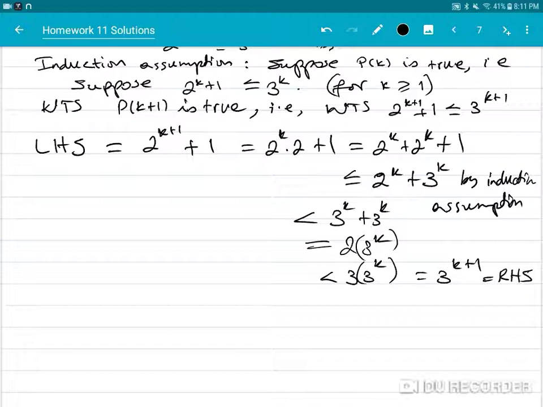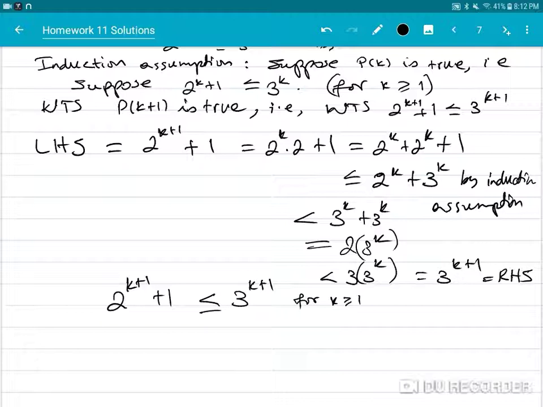So in other words, the left-hand side, which is 2 to the power of k plus 1, plus 1, is now strictly less than 3 to the power of k plus 1. Okay? For k greater than or equal to 1, actually. Well, strictly less than is when 2 to the power of k plus 1 plus 1 is strictly less than 3 to the power of k plus 1, we can also make it less than or equal.